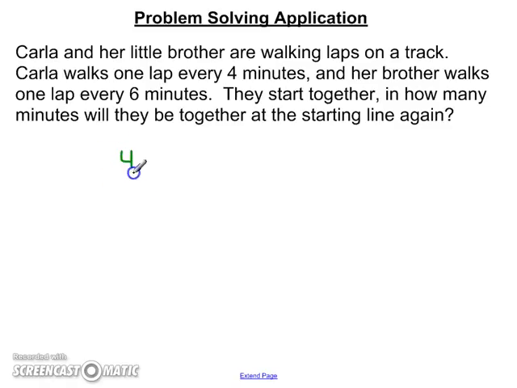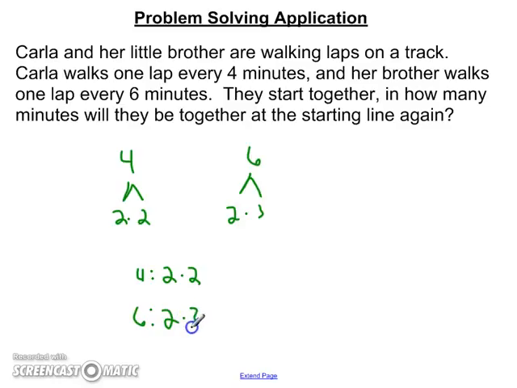So I have 4 and I have 6 here, and I'm going to factor tree these things real quick, but you probably didn't really have to factor tree them. So the prime factorization of 4 is obviously 2 times 2, and the prime factorization of 6 is 2 times 3. Yeah, you probably didn't have to do factor trees for those. All right, so 2 shows up on both lists, so I'll pull that 2 out.